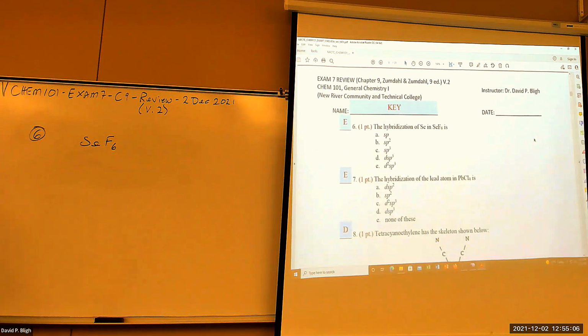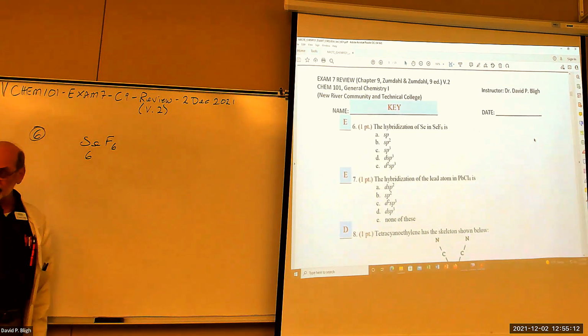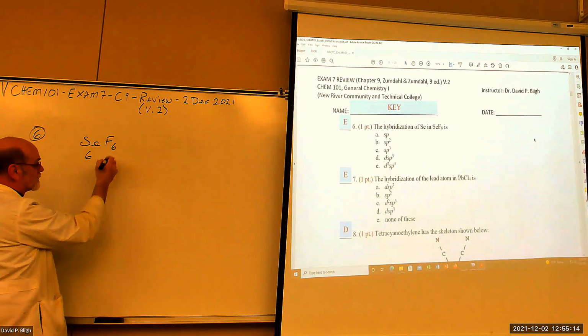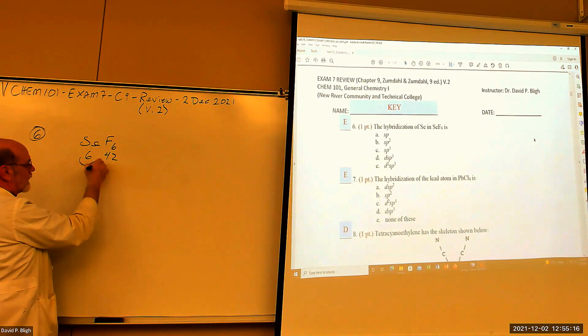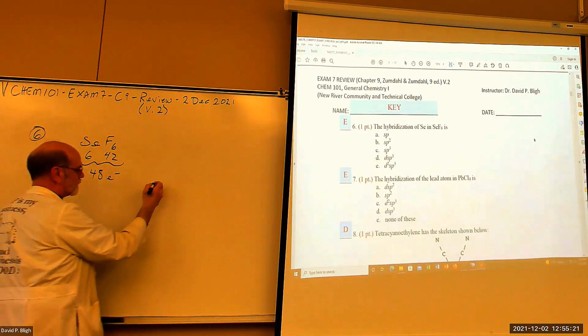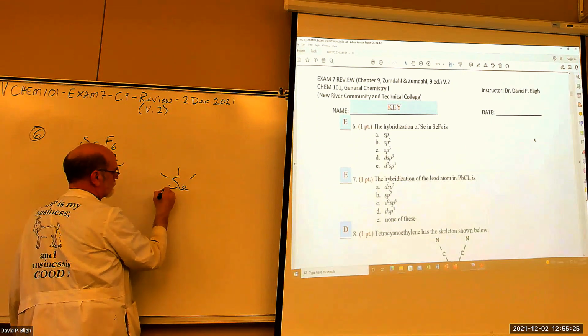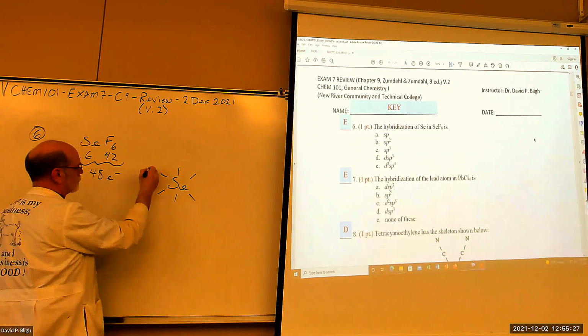Selenium is a chalcogen, so it has 6 valence electrons. Fluorine as a halogen has 7. So 6 times 7 is 42. So we have 48 electrons. Selenium is the central atom. 1, 2, 3, 4, 5, 6 fluorines.